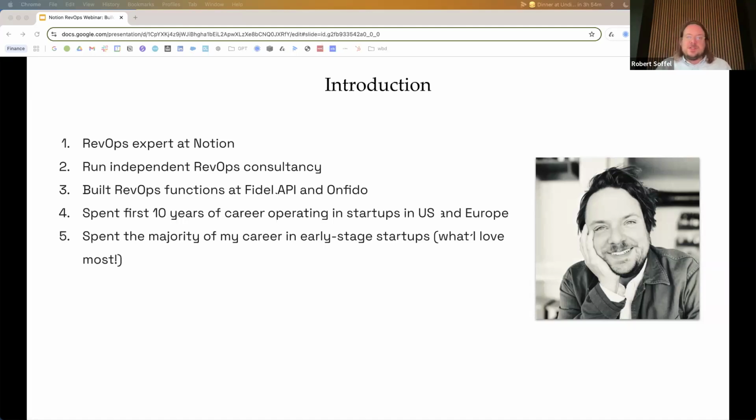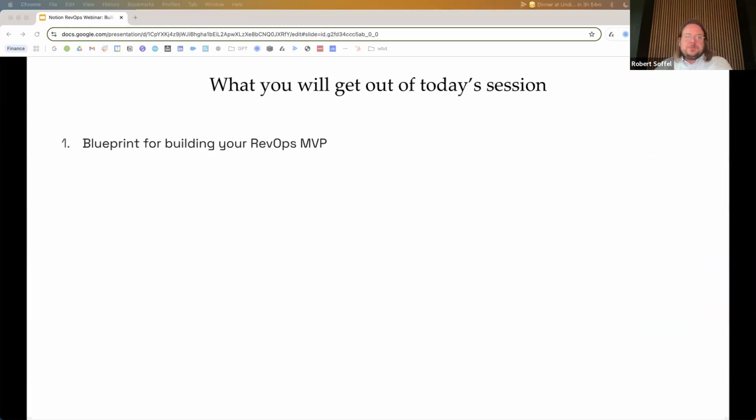Prior to that, various startups in the US and Europe for about a decade, most notably a company you may have heard of called Trustpilot out of Copenhagen. But the main takeaway is that I've spent the majority of my career in early-stage businesses. I love building the machine versus operating the machine, and hopefully that comes through in some of the information I'll share with you today.